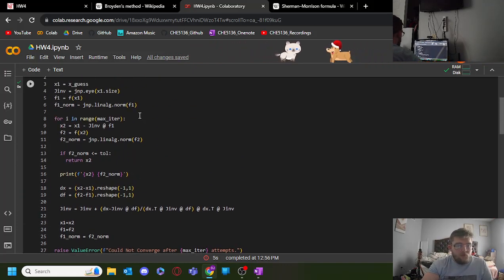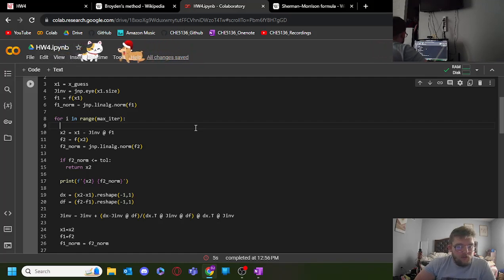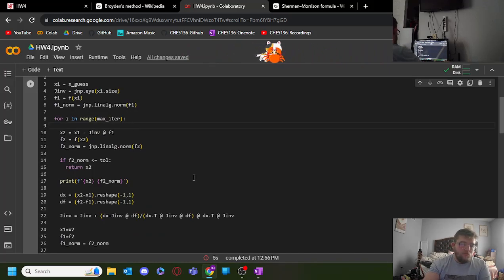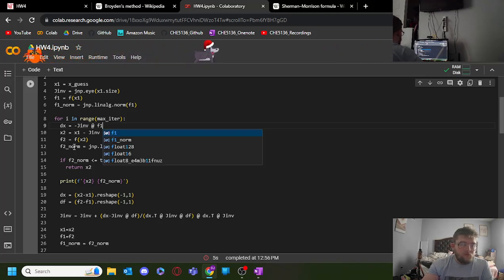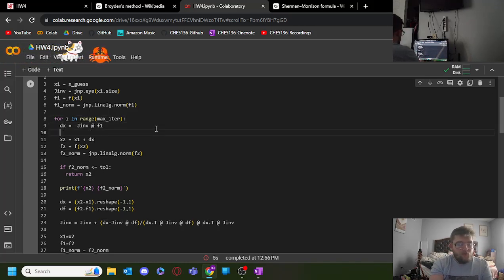What I can probably do is, let me do dx equals negative inverse at, plus dx, for j in range 10.